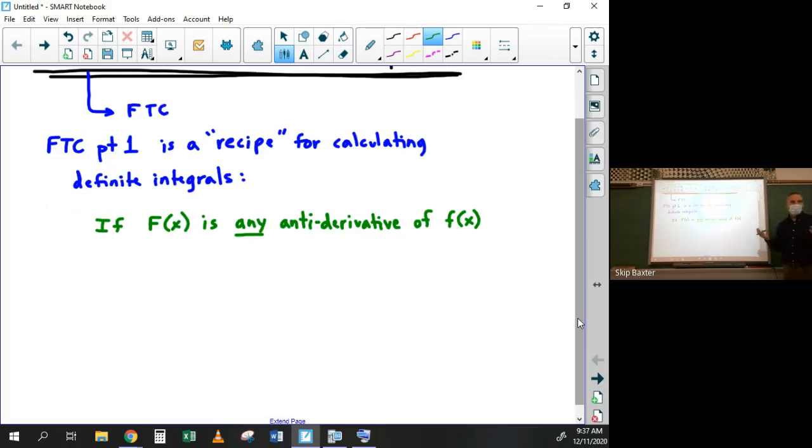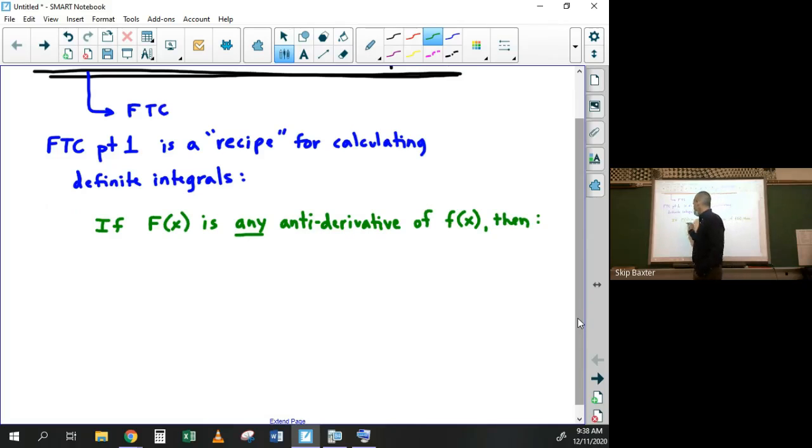That's what we've been doing the last couple of days, taking antiderivatives, which are really indefinite integrals. So capital F of x is any antiderivative of f of x. And when I say any antiderivative of f of x, that means c can be any value, right? Normally, if we're integrating x squared, the answer is x cubed over 3 plus c. So this is just saying it could be any one of those c values. c could be 1, or c could be negative pi over 2, or whatever. c could be any constant.